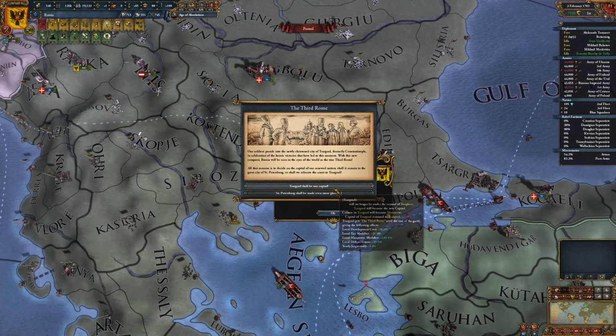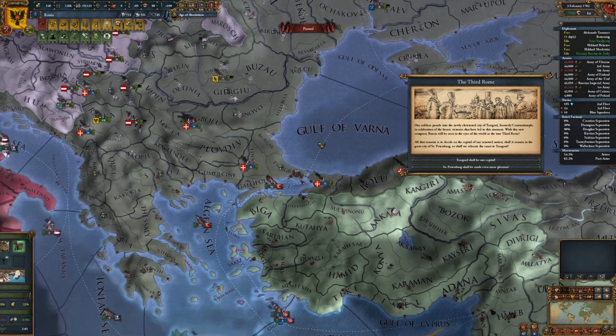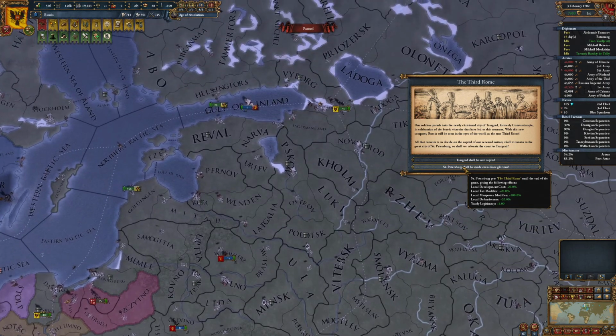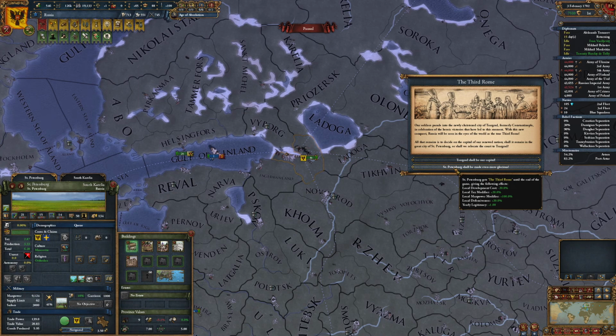We get this one. And with this we can say that Tsargrad is going to be our capital, or we will keep our capital in St. Petersburg and get the modifier on that province, until the end of the game, of local development minus 20%, local tax modifier plus 20%, local manpower modifier plus 100%, local defensiveness plus 20, and giving us yearly legitimacy plus 1.